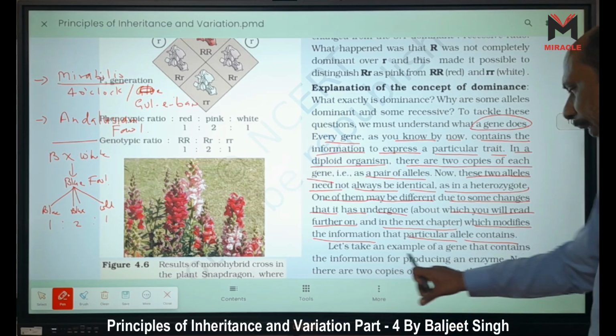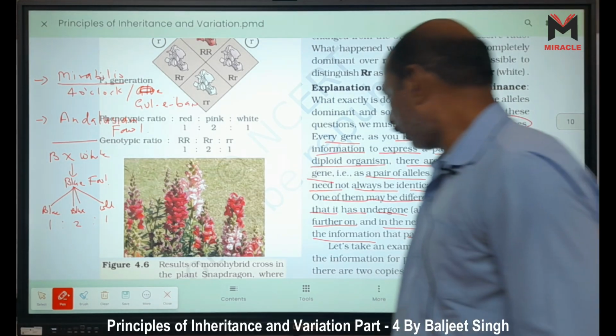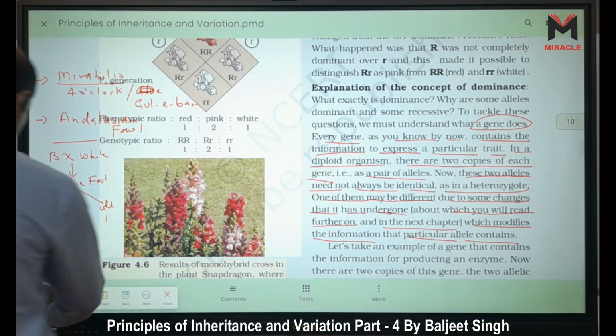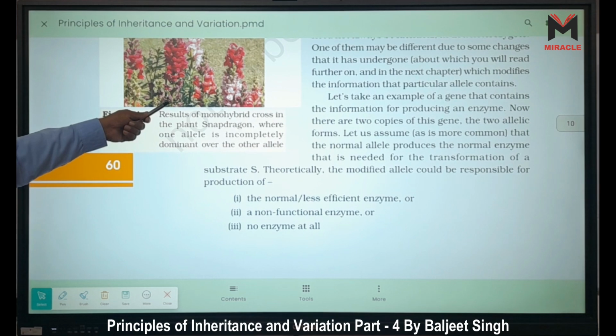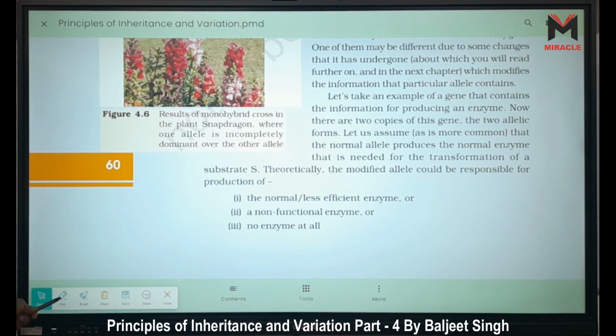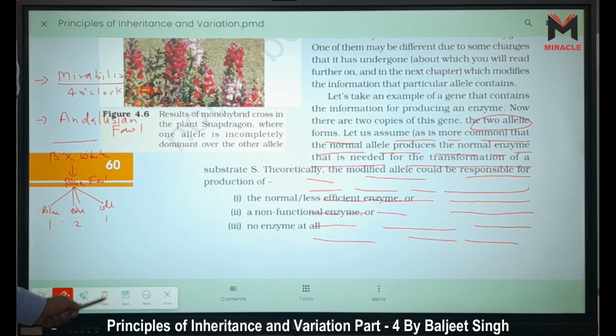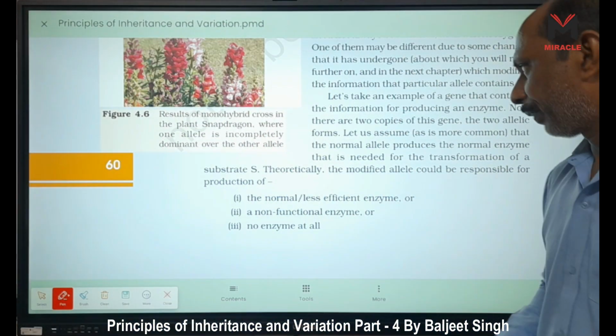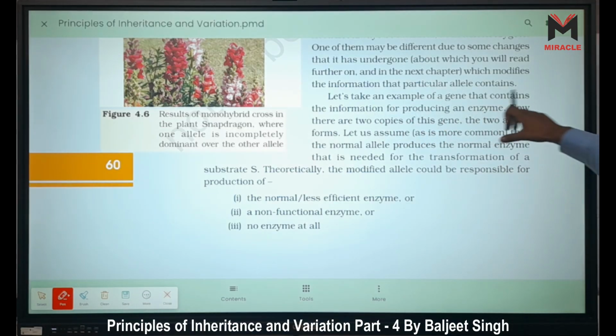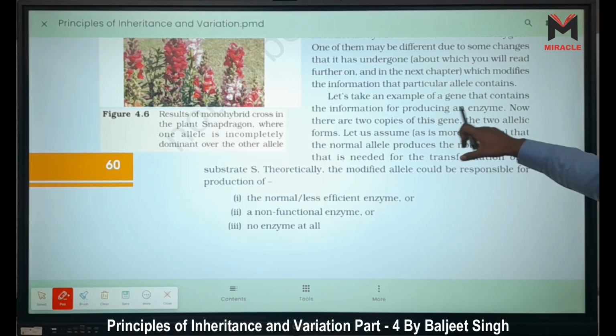Okay, let us take an example of a gene that contains the information for producing an enzyme. Here a gene is responsible for the formation of a protein, and this protein is responsible for the formation of an enzyme.